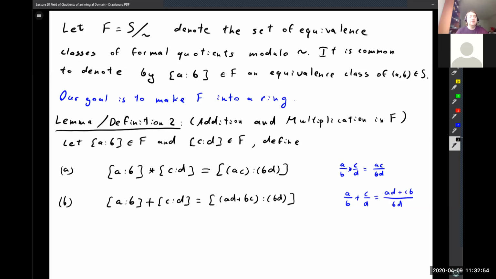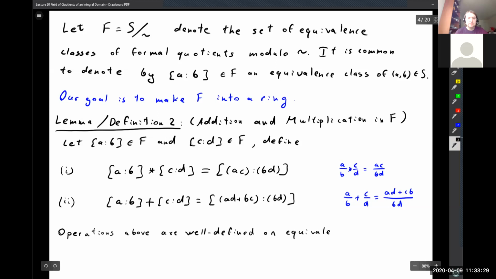And then the statement, so this was the definition part, and now the lemma part is that the operations above are well defined on equivalence classes of quotients.